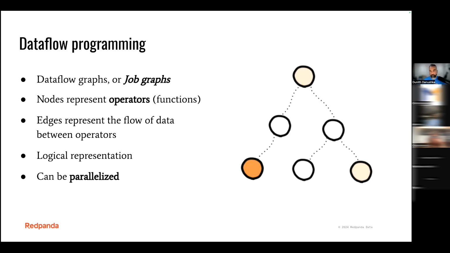Because you as a developer don't directly program against this data flow model. You don't write a data flow application. You write some kind of simple API program, and then it's up to Flink to convert this into a data flow model. So this is what we call the physical job graph.